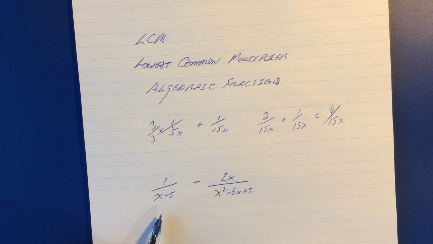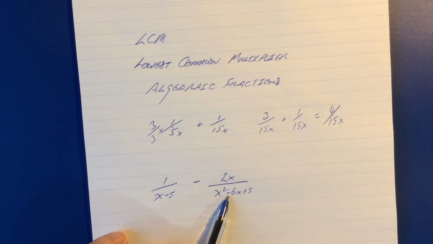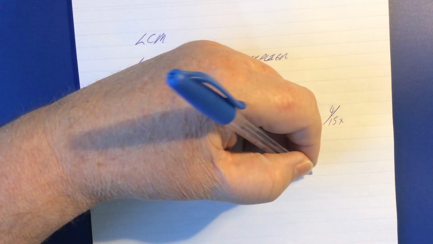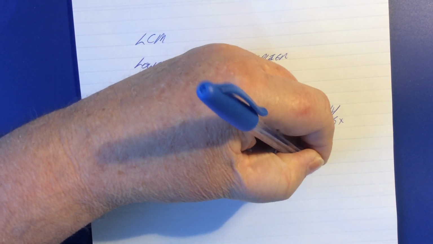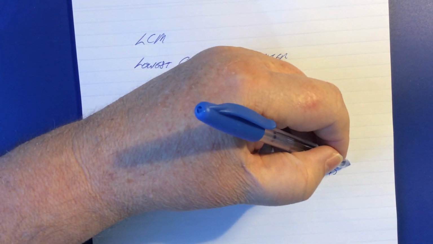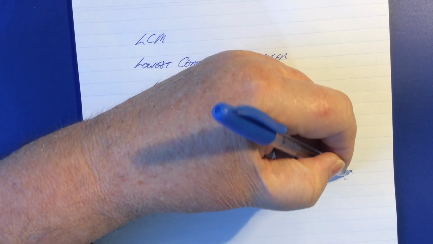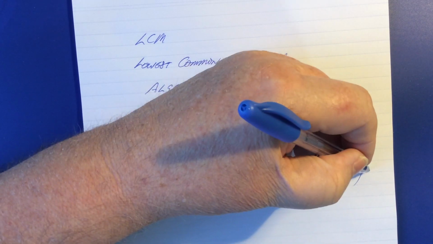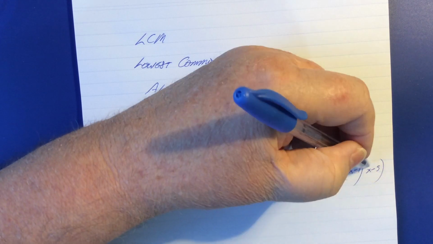The first thing that I would do here is leave that alone and see if I can do something with this denominator. So x squared minus 6x plus 5, which you will see I chose specifically, is equal to x minus 1, x minus 5.